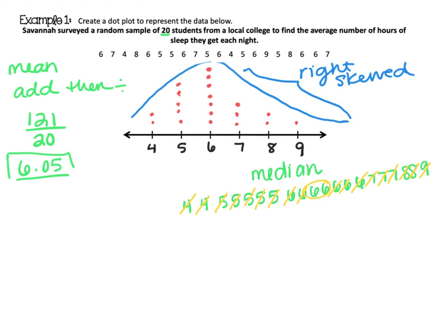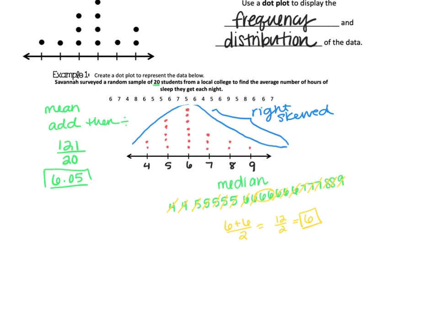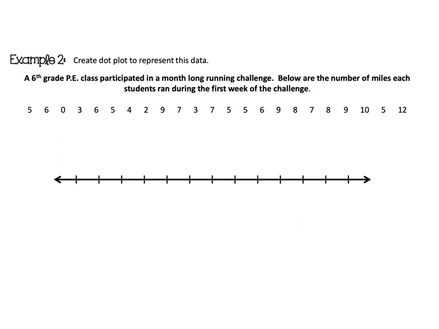If you end up with 2 in the middle, just add them together and divide by 2. So the median here is 6. And as you can see, that's kind of close to our mean, which means that our mean wasn't largely affected by any outliers. For example 2, I want you to go ahead and create your dot plot and find the mean and the median.